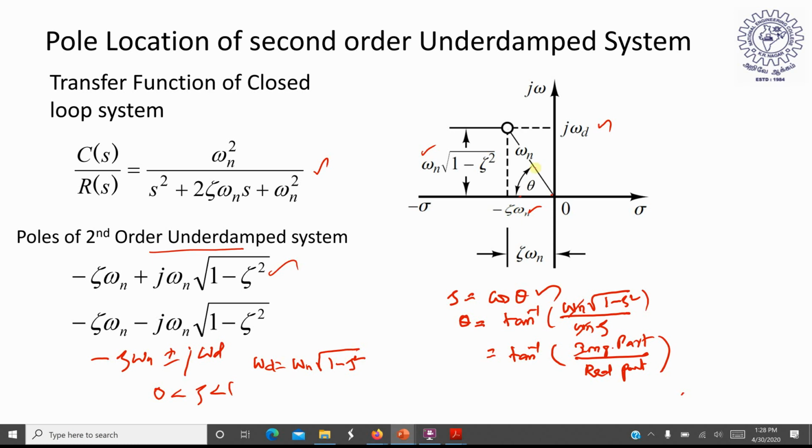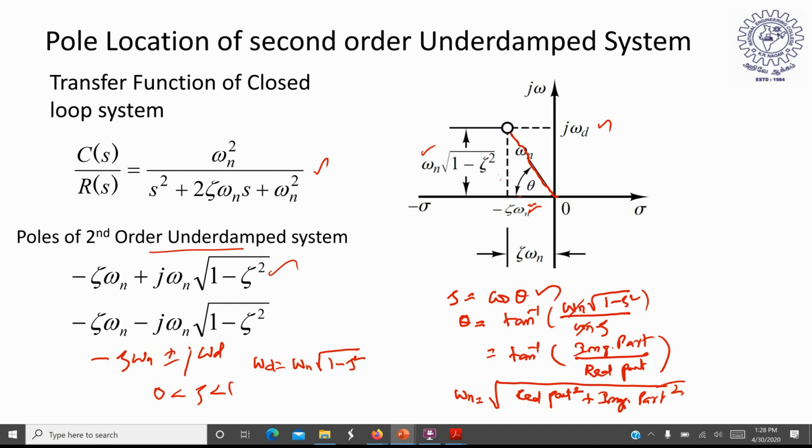How are we going to find omega n? Omega n is the length between the pole location and the origin. That can also be easily calculated. This square is this square plus this square, so omega n is the square root of real part square plus imaginary part square.